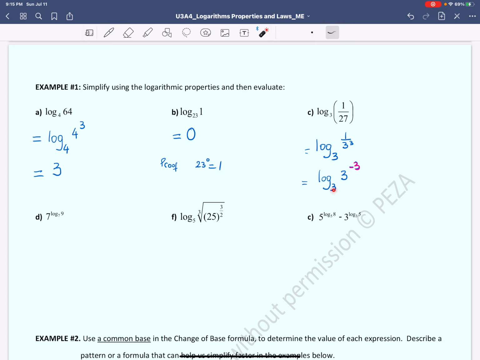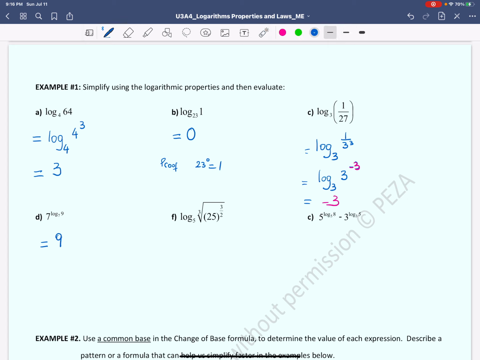The two bases here will match, which makes the answer equal to negative 3. Next, we have 7 to the power of log with base 7 of 9. So that's the third property. That means the answer must be 9, because the base in the exponential number and the base in the log are equal.